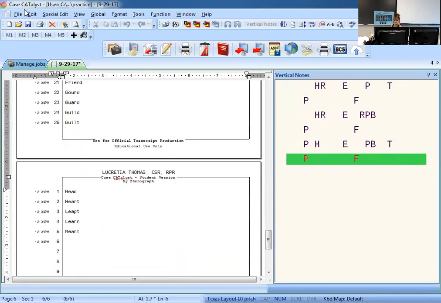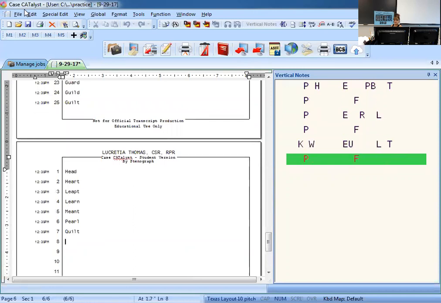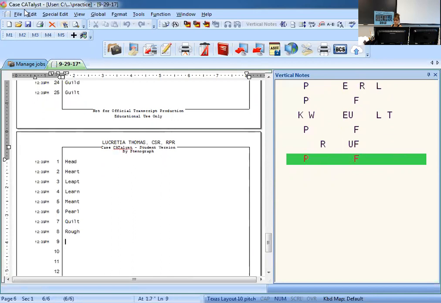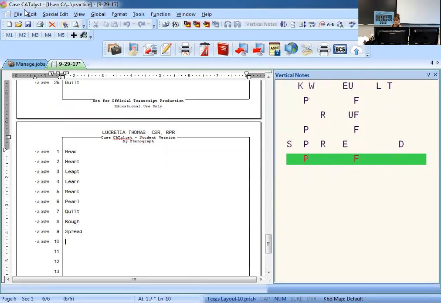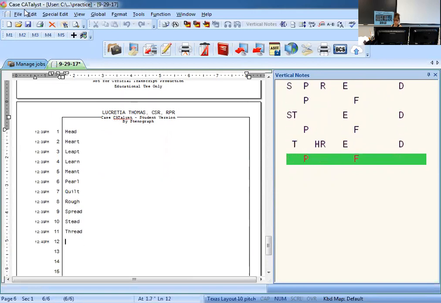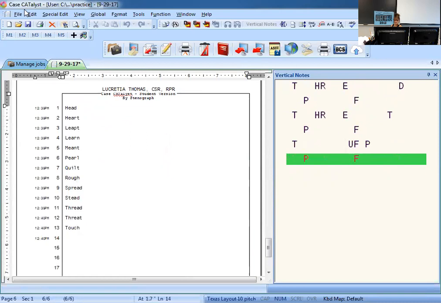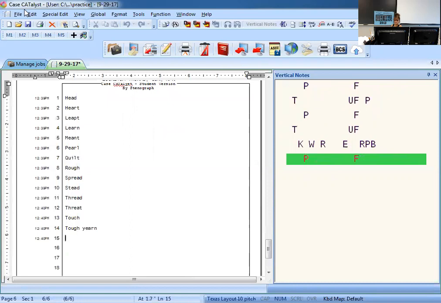Pearl. Quilt. Rough, the U sound, the short U. Spread, remember we only write the E for spread. Stead. Thread, threat, again. Touch, the U. Tough, only the U. Yearn, only the E. And young, the U, okay?